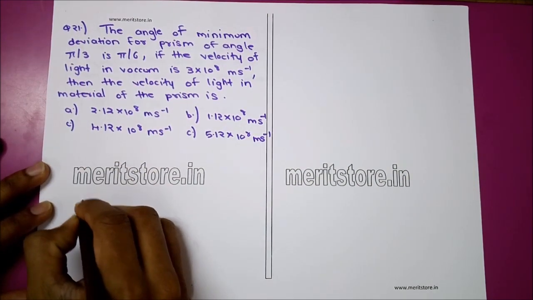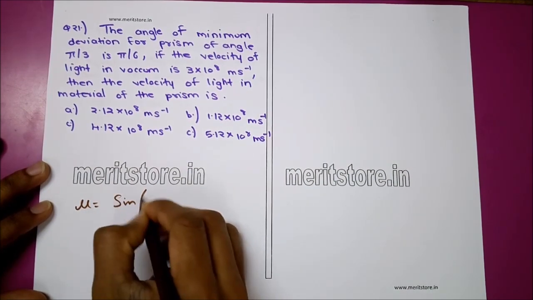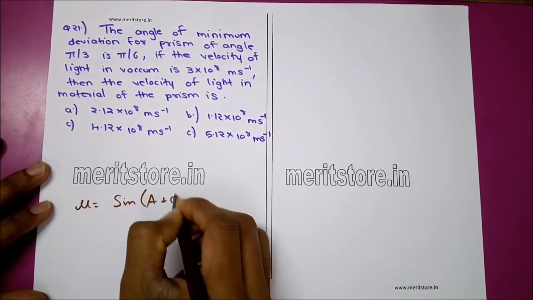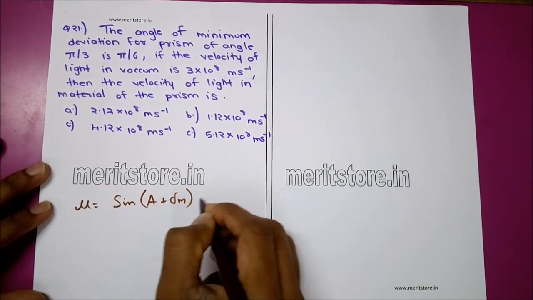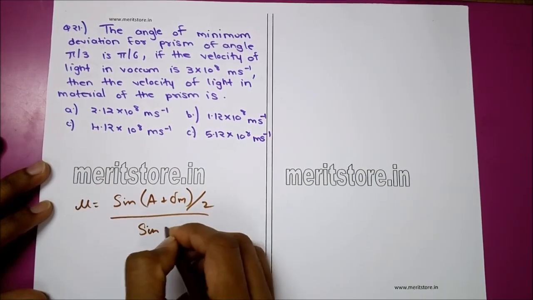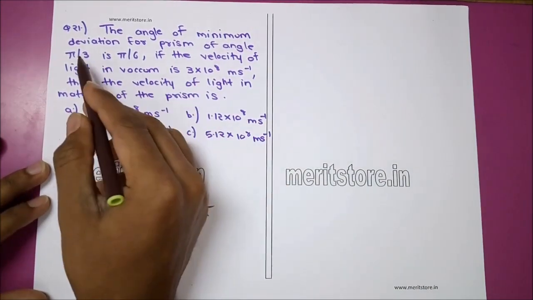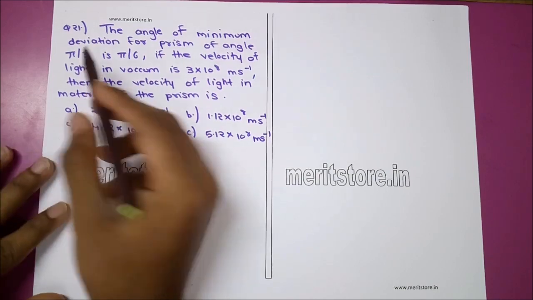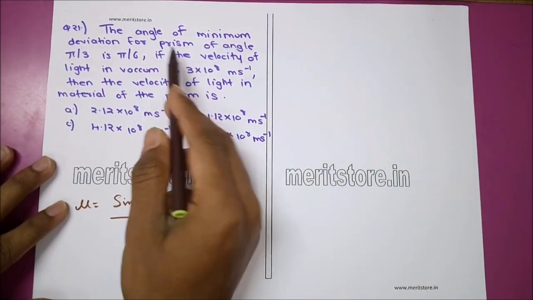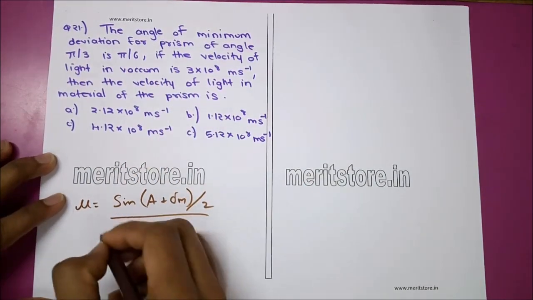Now using the formula, refractive index for a prism is given as sine of A plus delta m upon 2, the whole thing divided by sine of A by 2. The A over here is nothing but the prism angle given as pi by 3, and delta m is the minimum deviation angle, that is pi by 6.